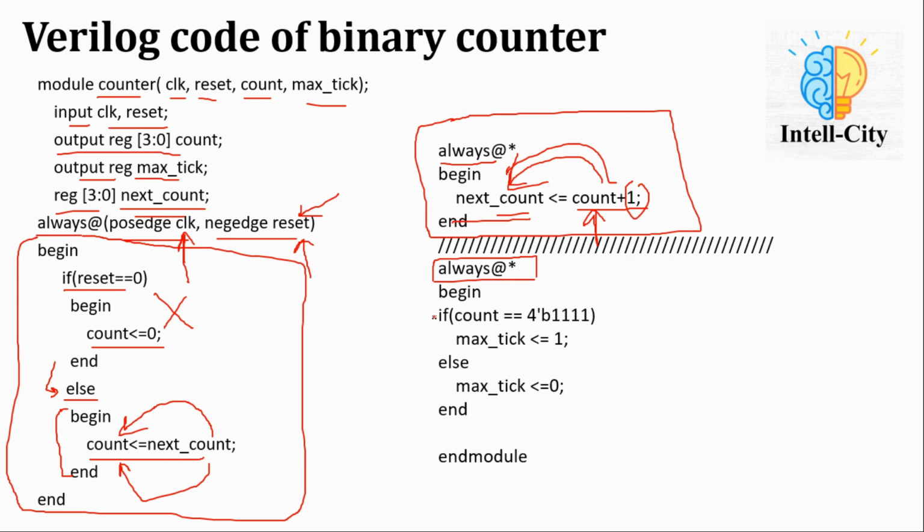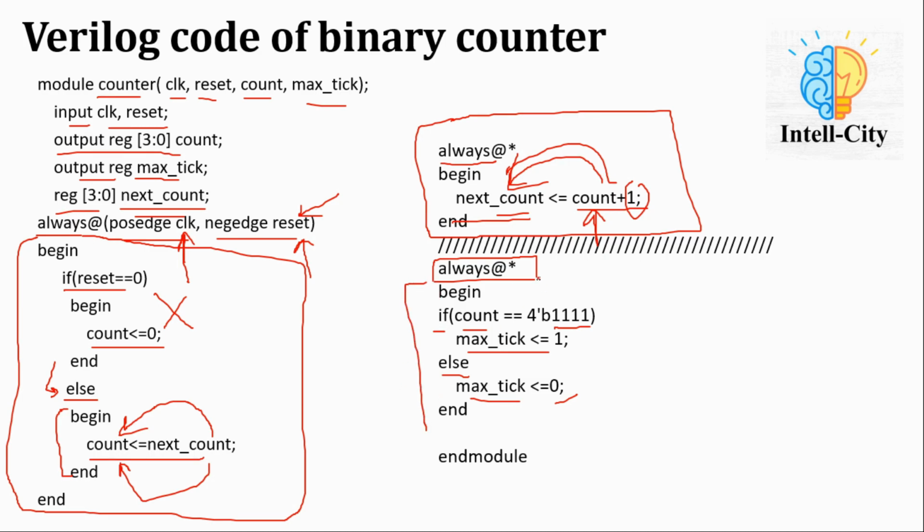Here we are going to design the logic for the max tick signal, and max tick signal will only go high for this number. If the current value of the count is 1111, the maximum value it can hold, then max tick signal should go 1. Otherwise, max tick signal goes 0, and end.